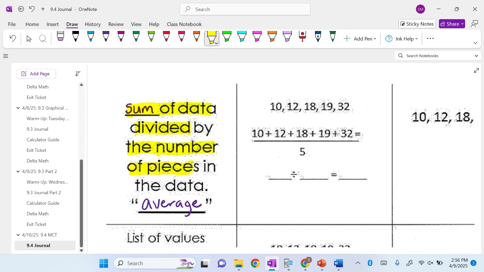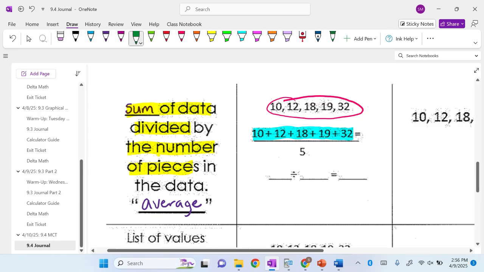So for example, if I'm looking up here, this is my data set. We would add up all these numbers, which they do here, and we divide it by how many numbers we have, which in this case, if we count 1, 2, 3, 4, 5, we have 5 numbers.